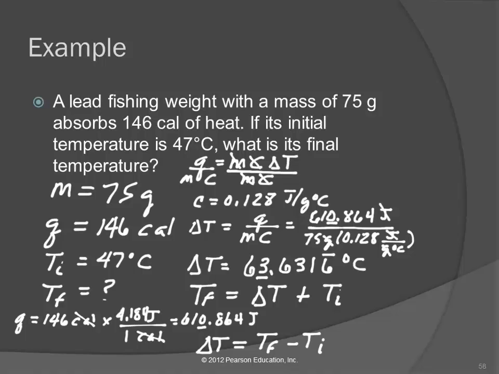So we have to add Ti to both sides. So we take 63.6, I'm just going to round it off there, add it to our initial temperature, which was 47. 63.6 plus 47 gives us 110.6, but we're going to round it there, and so 111 degrees Celsius.